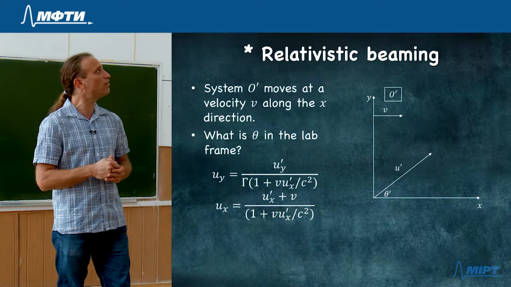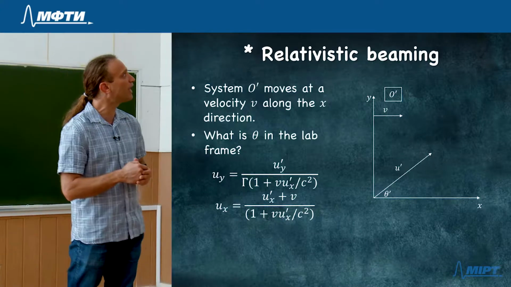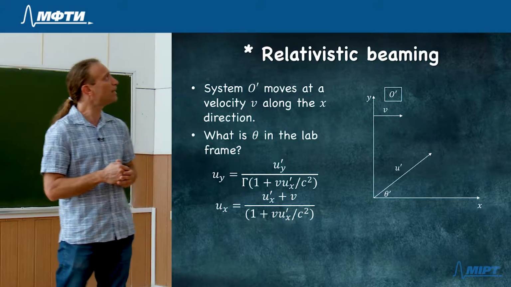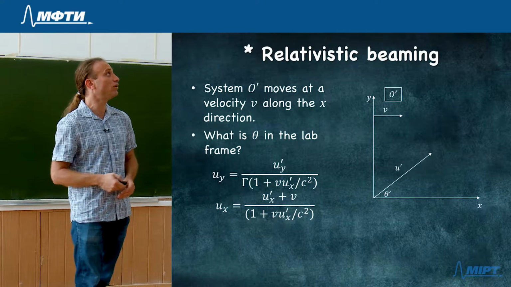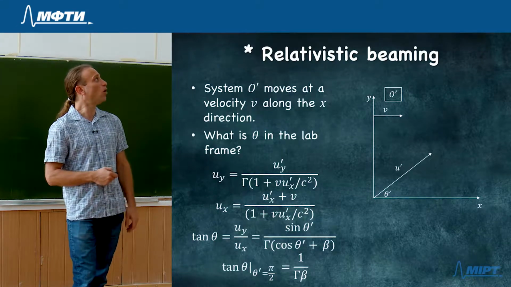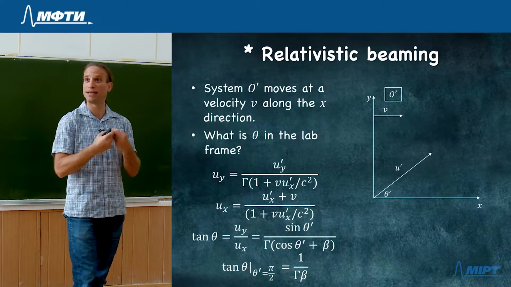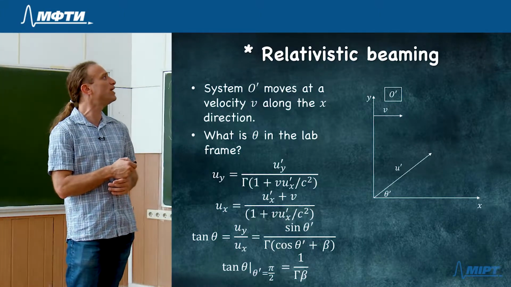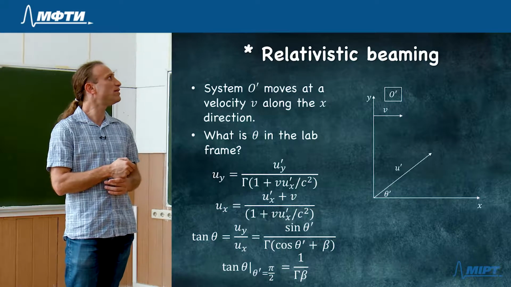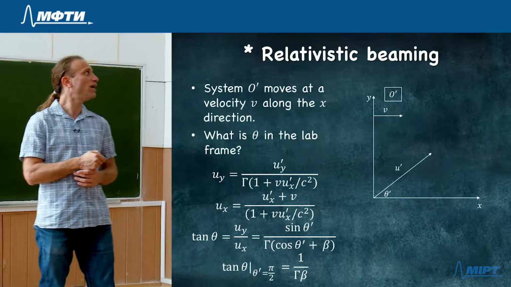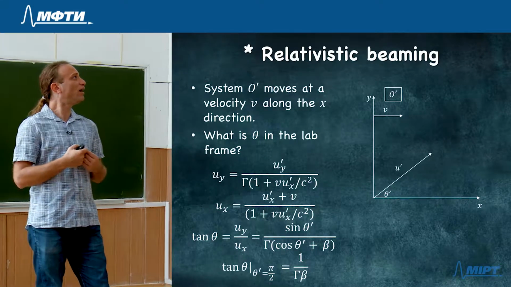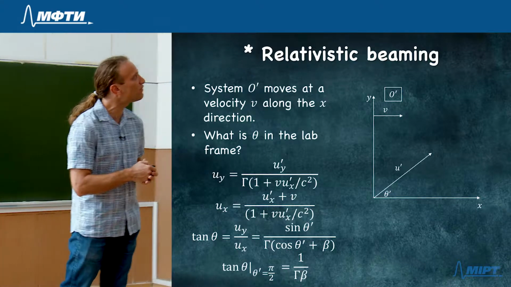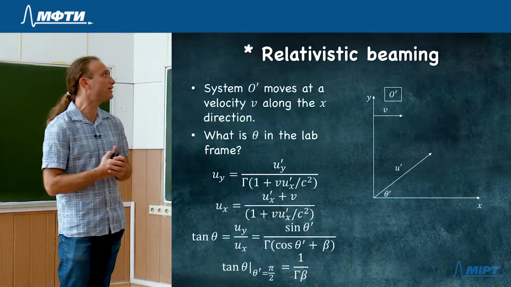The component along the line of sight is u tag times v divided by this factor. So the opening angle, tangent theta in the observer frame, is just uy divided by ux, which gives us this expression. Now you see that there is a Lorentz factor here, and this is theta tag.